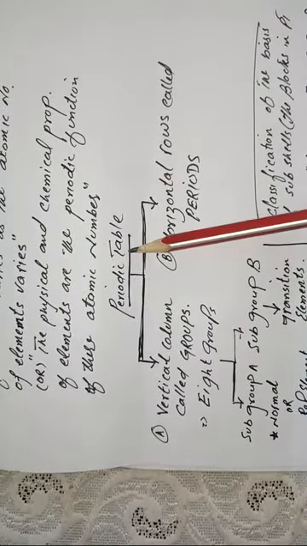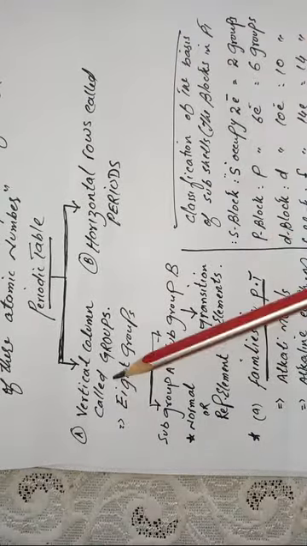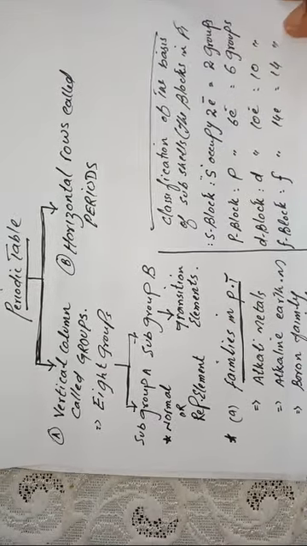We will discuss the modern periodic table, the groups in the modern periodic table, as well as the periods. First of all, let us start briefly with what groups are in the periodic table and how many groups there are.